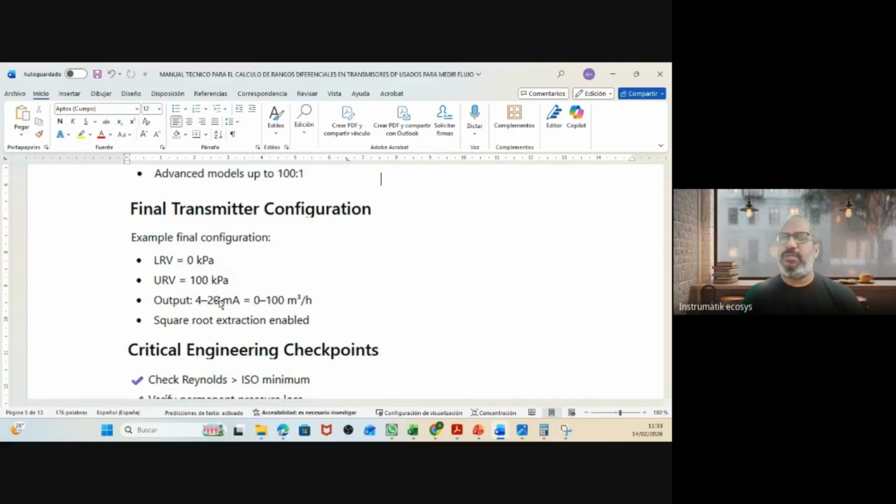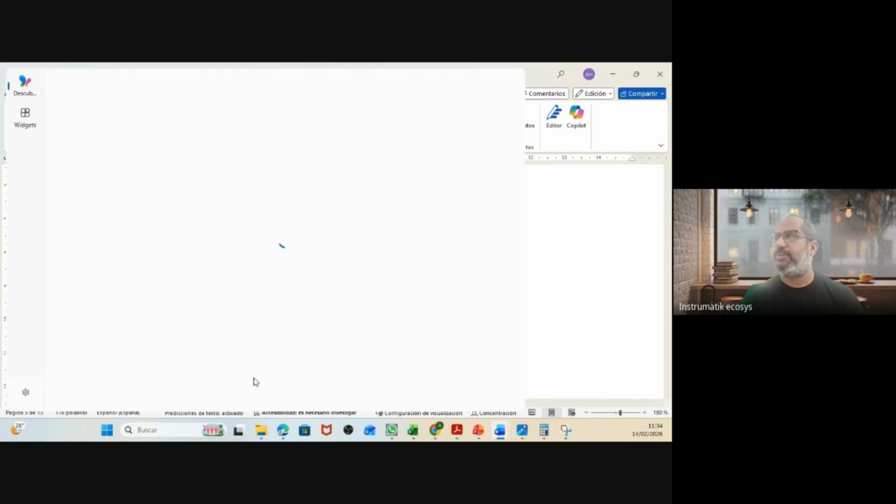If we use international system units, normally it is millimeters of water or inches of water, and sometimes millibar. For pressure it is bar or kilograms per square centimeter, and Celsius degrees for temperature.